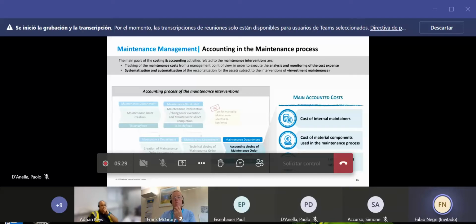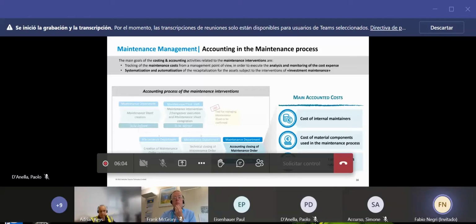For instance, if there is a regular intervention to substitute some parts of the machine, this is not an investment maintenance intervention. For the ones that we can identify as investment maintenance, there will be a specific field in the maintenance order to identify them as maintenance interventions of investment, and this can be taken into account in the recapitalization process.